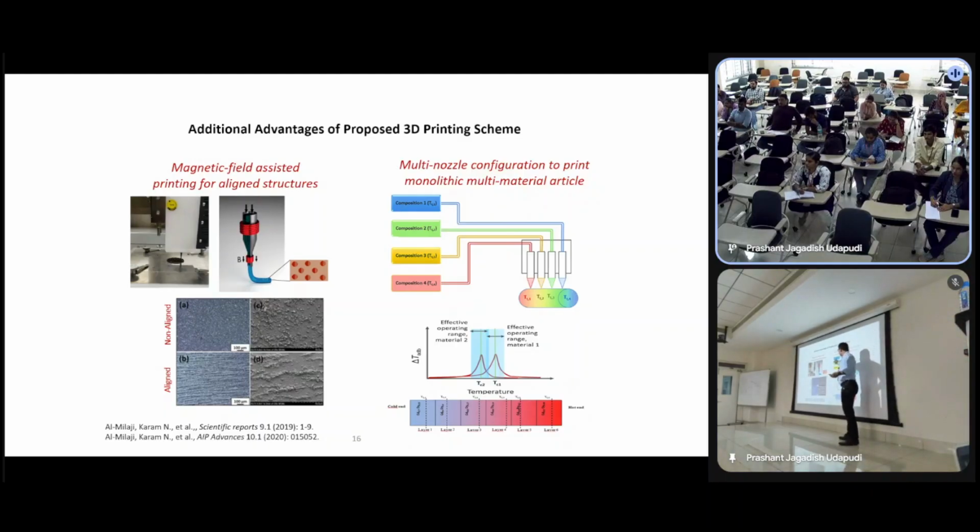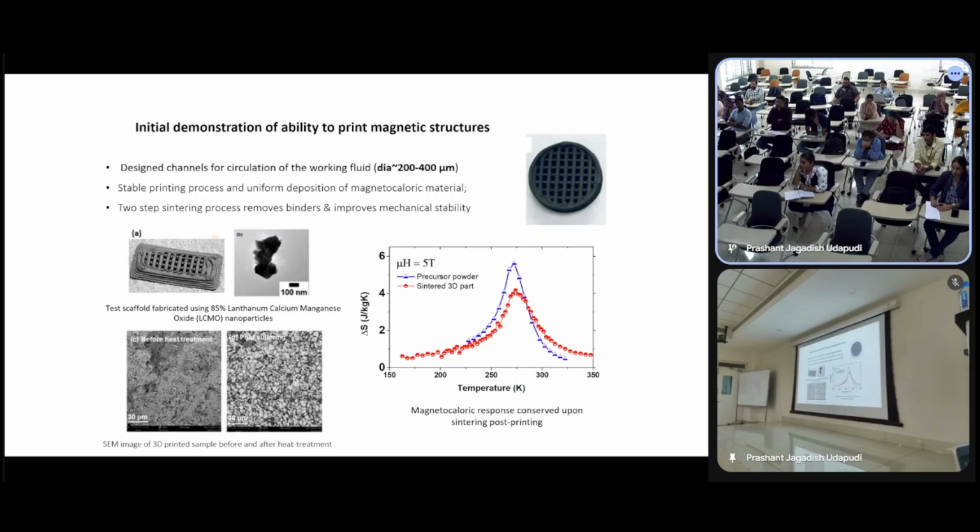We can use multiple nozzles to have different grading, which will lead to different functional grading. And this is what we printed. The channels were 200 to 400 micrometers here, and these are different structures we printed. One of the problems here is they collapse. You can't print taller structures with this.